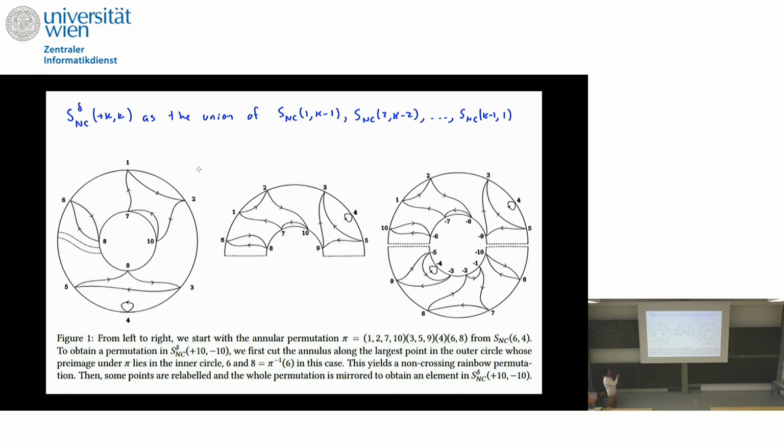Essentially, the whole thing is that you cut, you unfold, you relabel, and then you get a symmetric thing. And that allows us to prove some other relations.